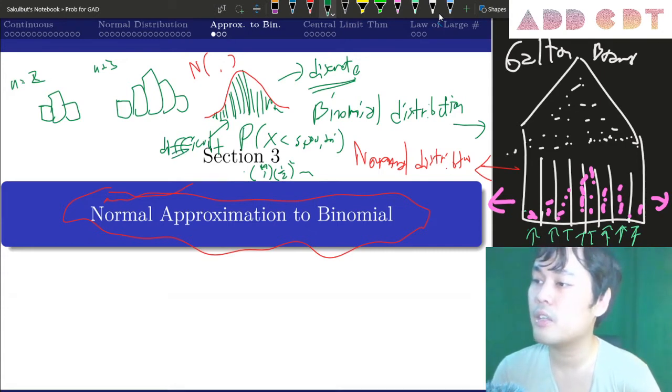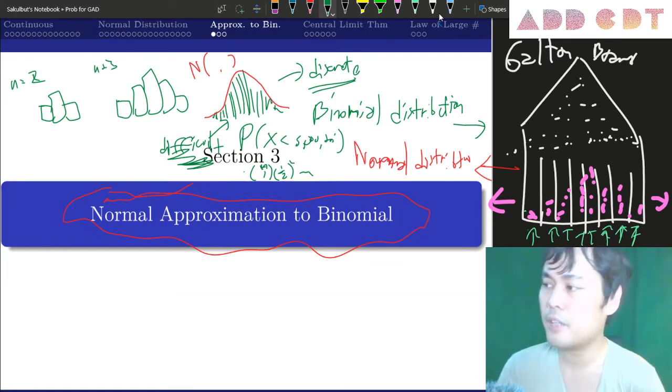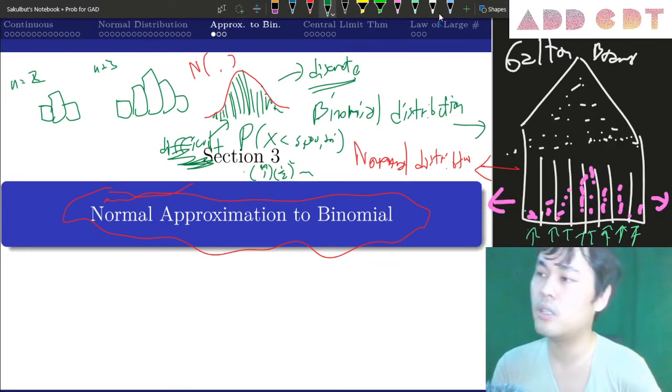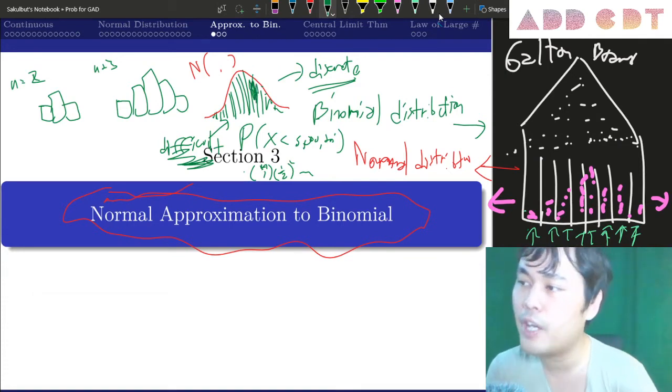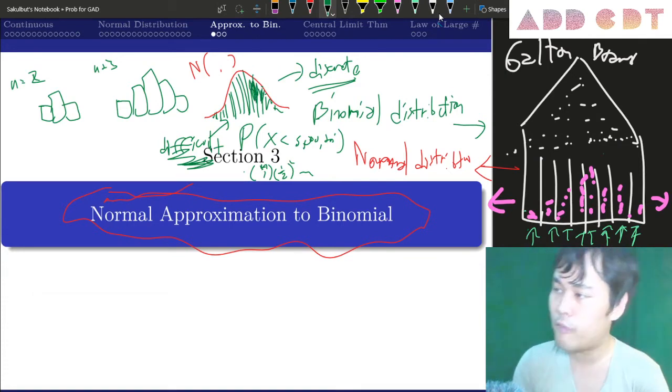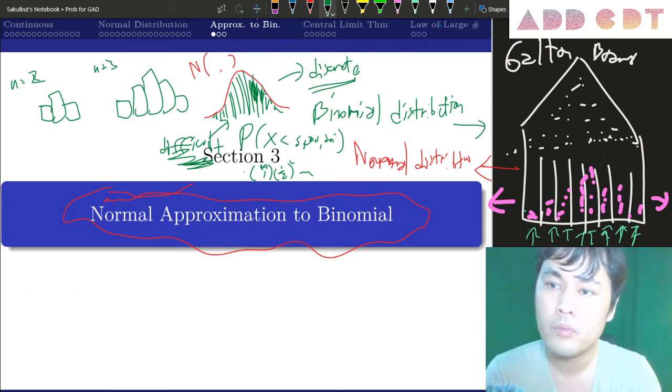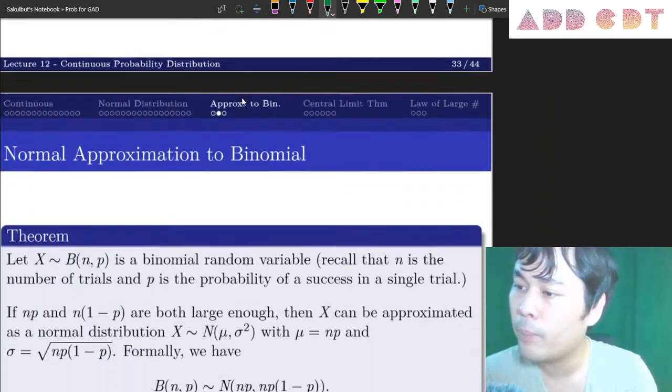So we can just transform that to the normal distribution and use the numerical values for the normal distribution to solve the original question about the binomial distribution. So let me show you how that works.